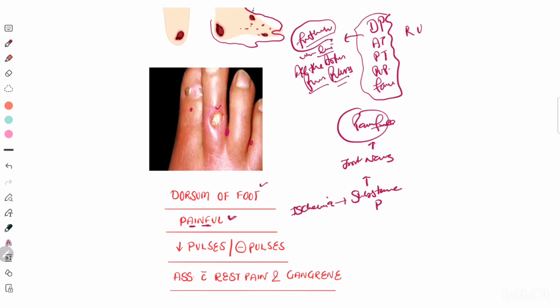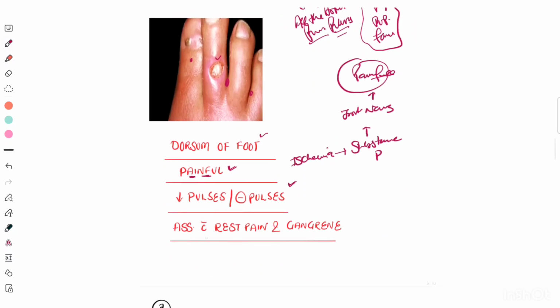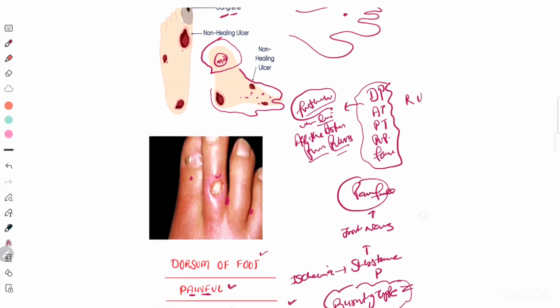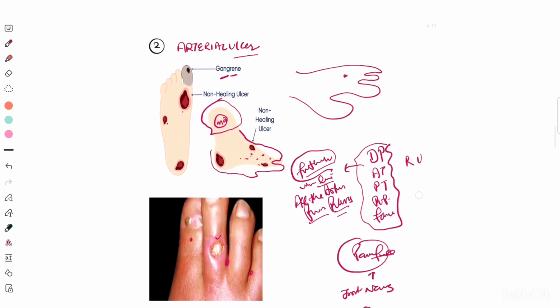So if you suspect an arterial ulcer, then you have to examine all the peripheral pulses. And these types of ulcers are associated with rest pain. The patient complains of pain in the legs or proximal limb even at rest, and there can be gangrene of fingers or toes, and the rest pain is mainly of burning type. This is the characteristic of this pain. So these are the things you have to keep in mind for an arterial ulcer.